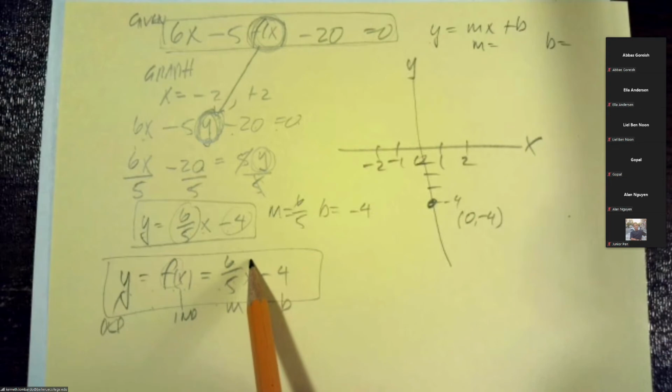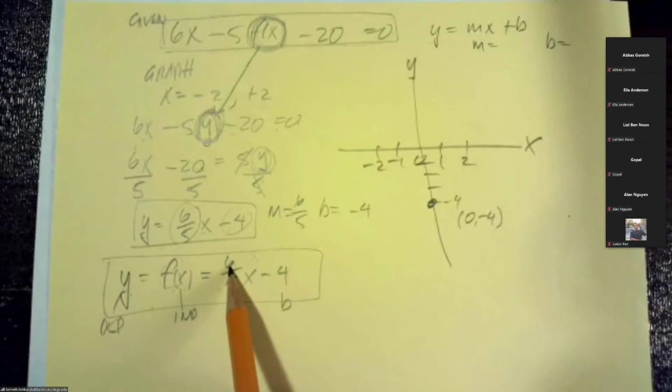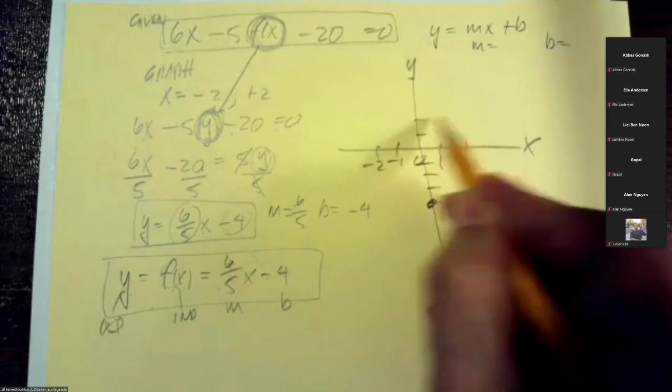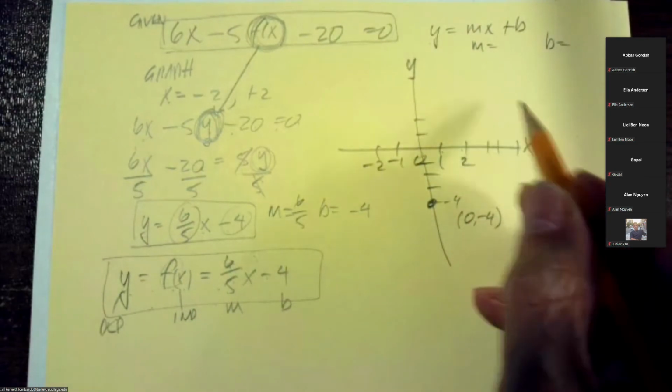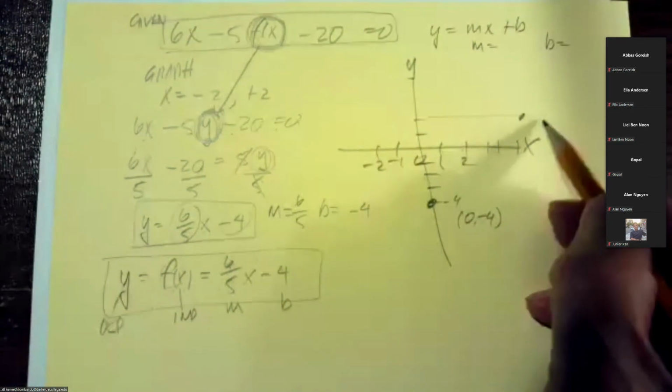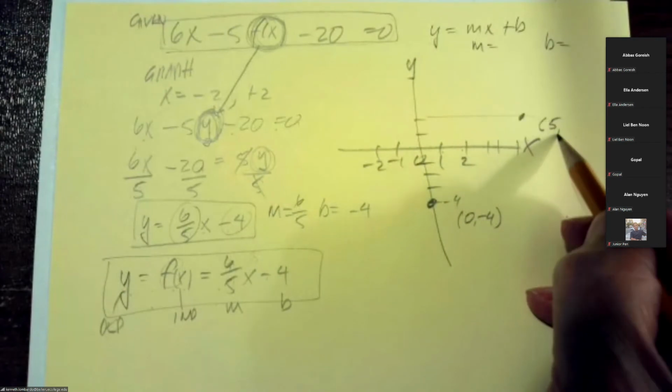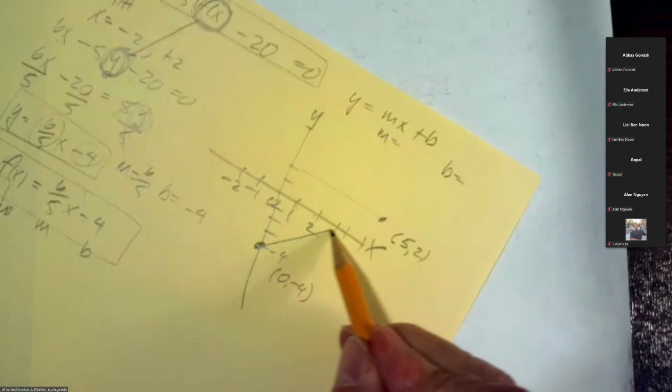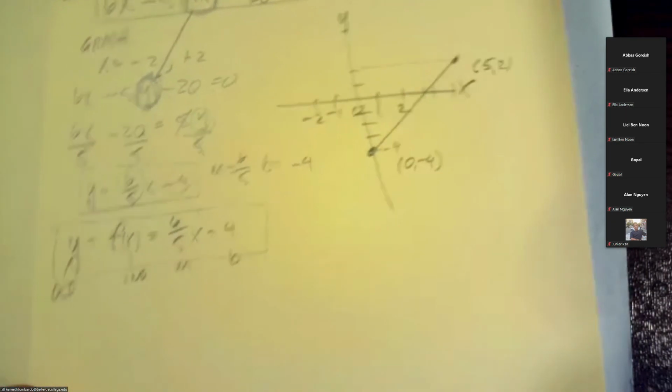So if I go out 5 units, then I'd have 6 times 5 over 5, or I just have 6 minus 4, that's 2. So if I got 1, 2, 3, 4, 5, and I'm up 2. So it looks like I'm here at 5 and 2, if my arithmetic is correct. And so it looks like we'd have a line that does that.